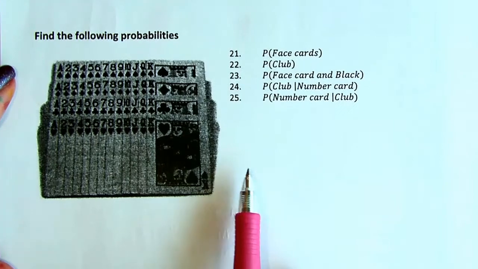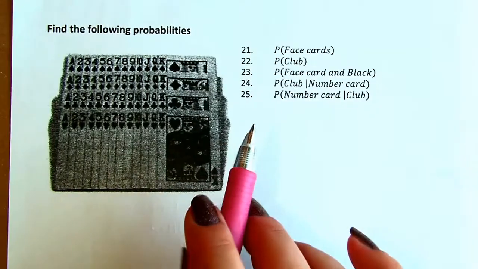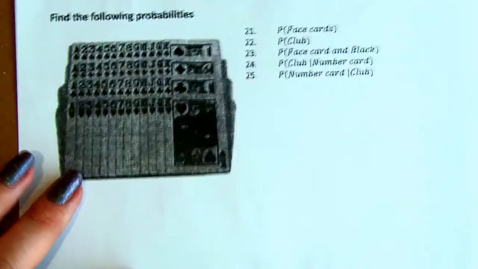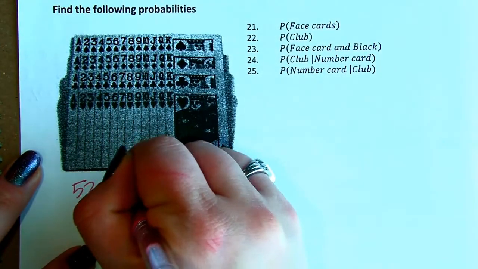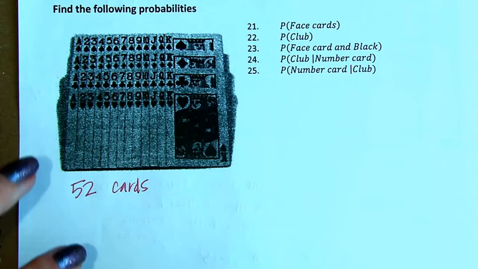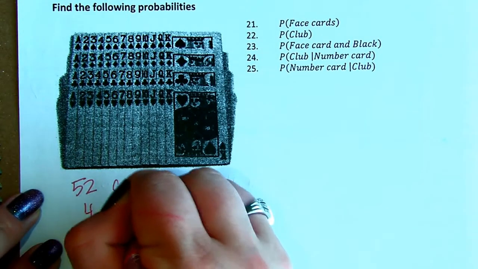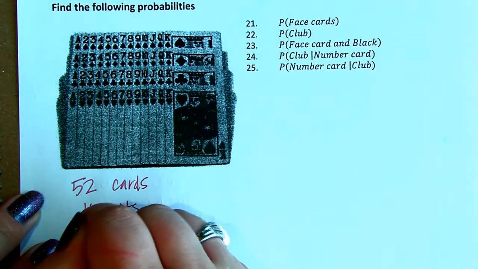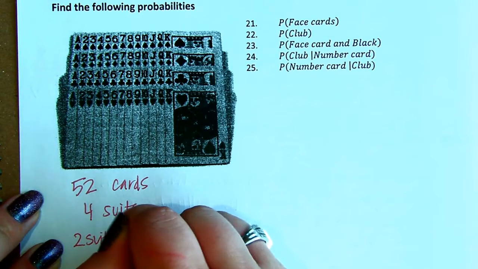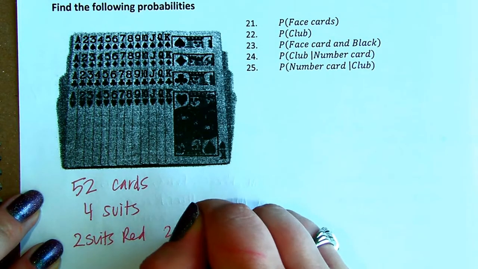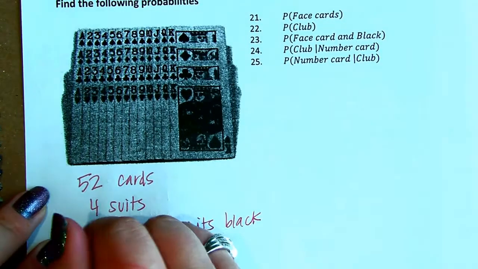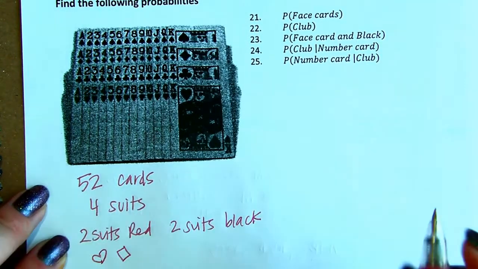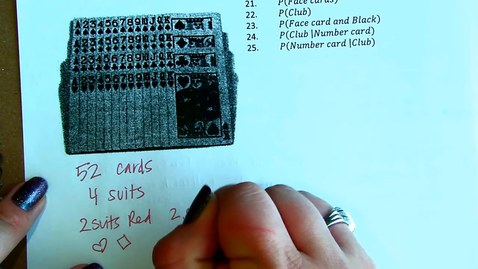Okay, for a set of cards, find the following probabilities. In a deck, there are 52 cards. Okay, we have 4 suits. 2 suits are red, and 2 suits are black. The suits that are red are the hearts and the diamonds, and the black ones are the spades and the clubs.